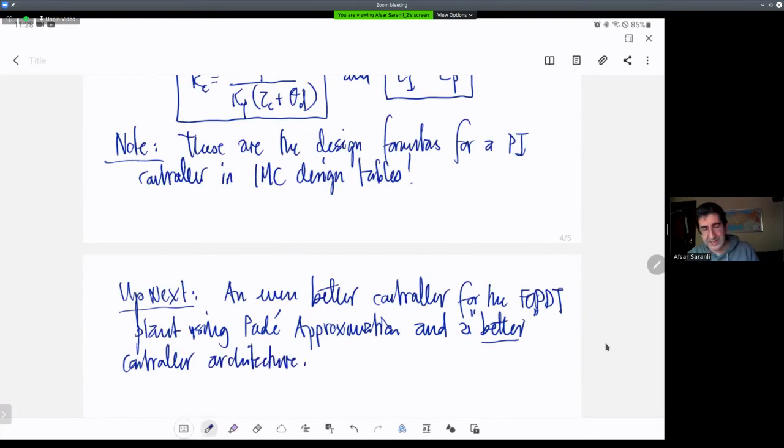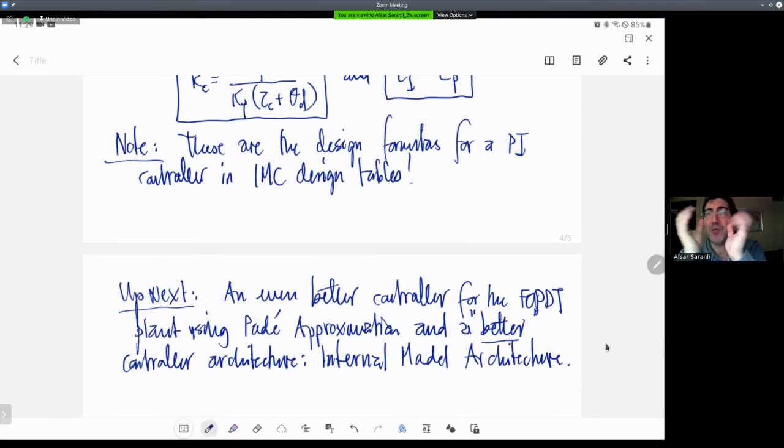So we will see that this is called the internal model control architecture. The difference is that up to now we have always assumed this single loop feedback control architecture. Now the internal model control architecture is actually something different.